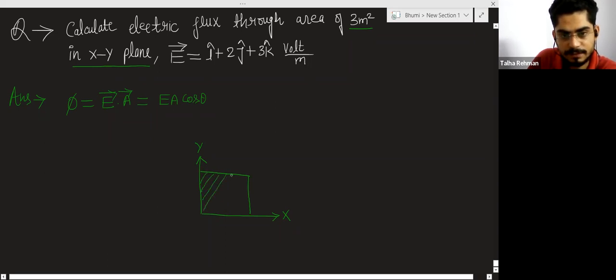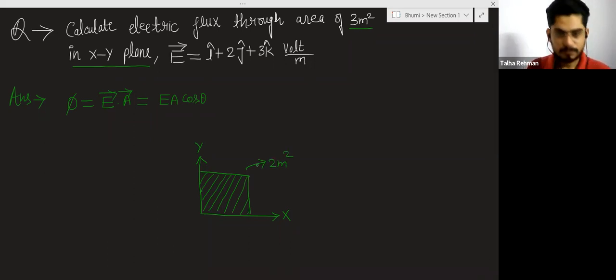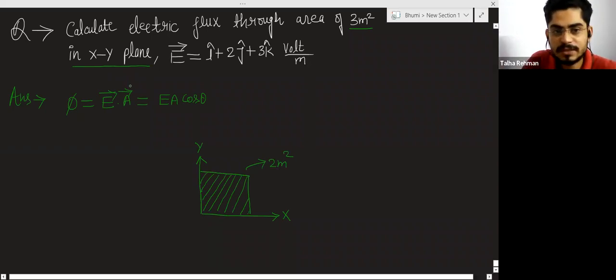We have the area in the xy plane, and we want to find the area vector. This is the area vector here. For this area, we will calculate the area vector.